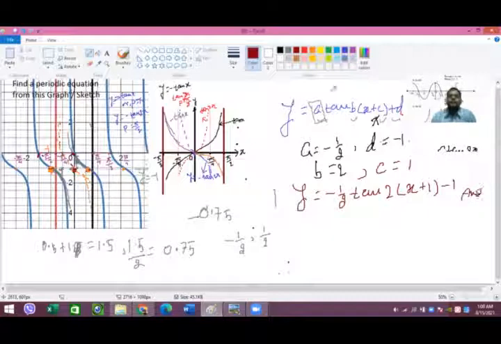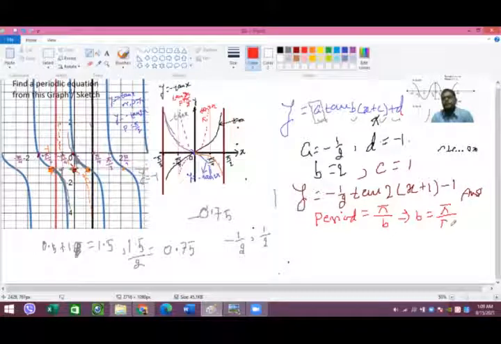And it is also possible, in order to find the period, that the period of tan is pi, not 2π. And if something is the coefficient of x like b over here, then it will be divided by b. So the value of b will be equal to pi by period.